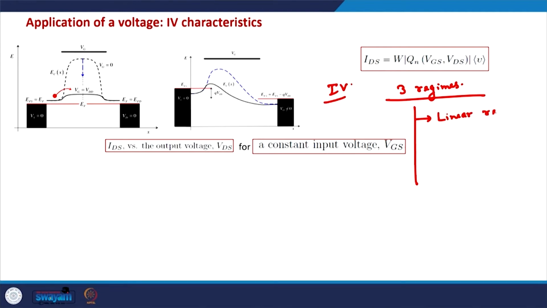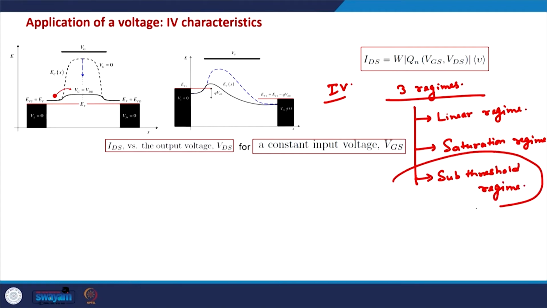One is the linear regime, second is the saturation regime, and the third one is known as the sub-threshold regime. So, this we will come a little bit later. This IV characteristics has two interesting regimes, I would say, at the moment.